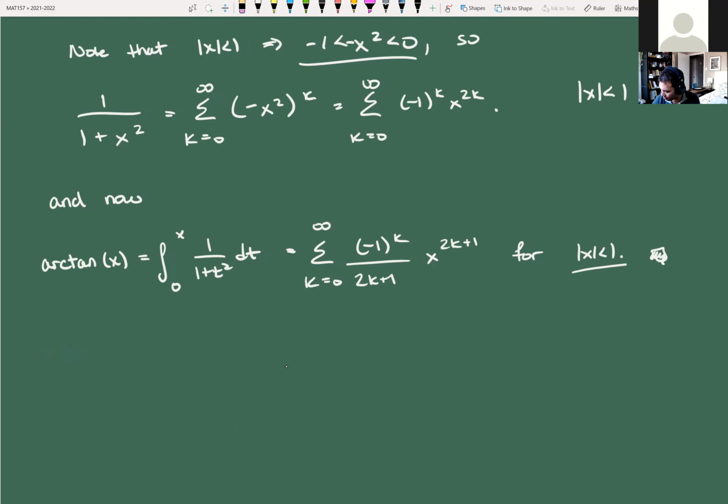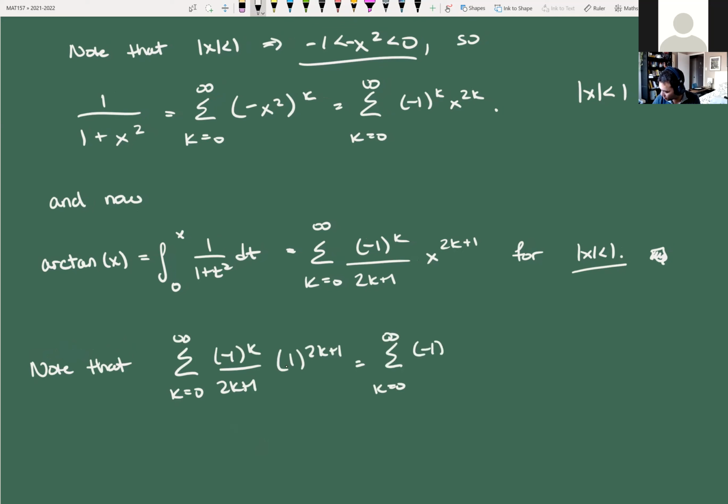So note that the sum from k equals 0 to infinity of (-1)^k over 2k plus 1 times 1 to the power of 2k plus 1 converges, right? This is just the alternating series test. So that thing totally converges. But that's going to be equal to arctan 1.